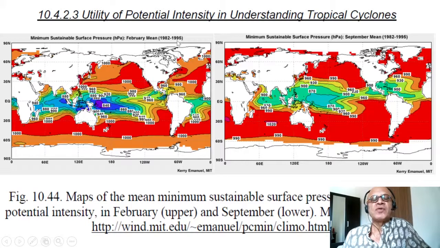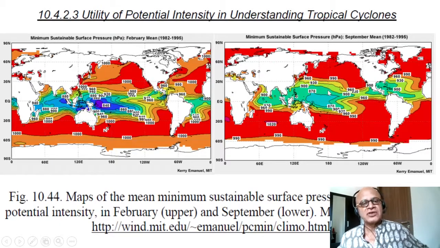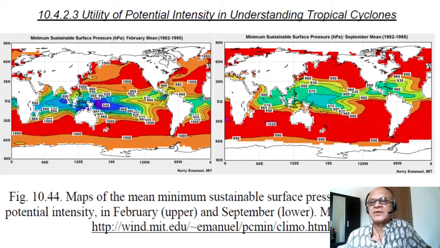It's the mean over 1982 to 1995, and you can see that in February the sun is getting closer to the equator, so the sea surface temperature distribution is quite different than here because you have the sun over in the northern hemisphere starting to move back towards the southern hemisphere here. So you see more of a symmetry here than here.